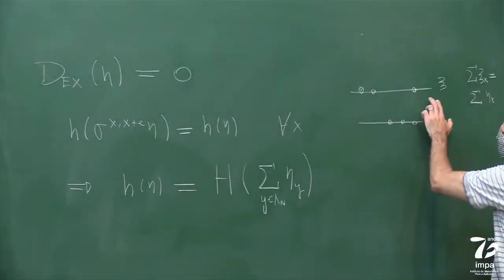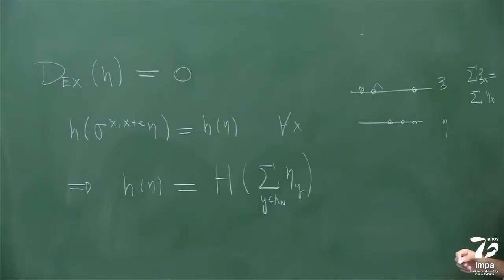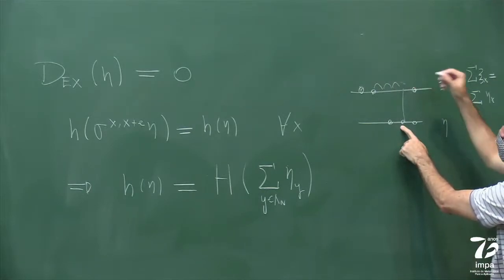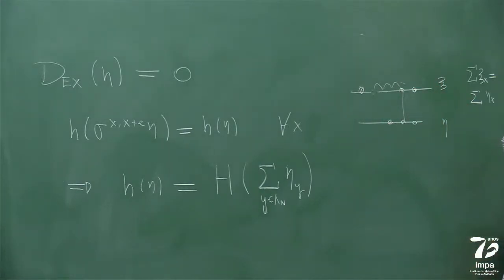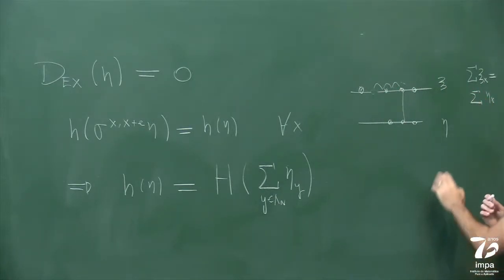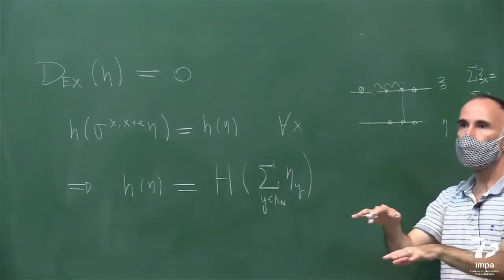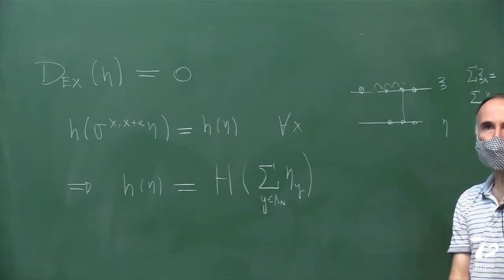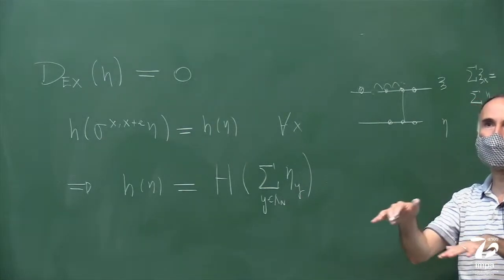So this means that h of this configuration is equal to the one in which I move this particle over there. And I can move this particle up to this and get that h of xi is equal to h of this configuration. And now I can move this particle up here and get that h of xi is equal to h of this configuration, which is h of eta. Which means that if I take any two configurations with the same number of particles, then h is equal at these two configurations. And this means that h is a function of the total number of particles.